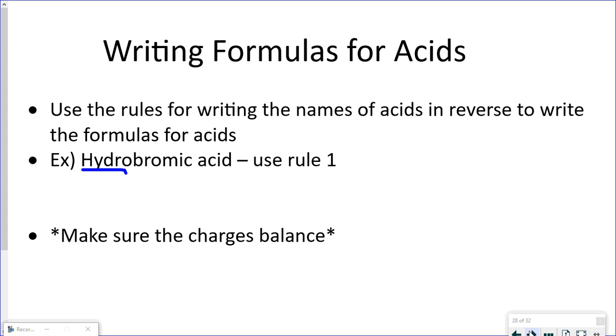So we're looking at bromide as our anion. So bromide is off the periodic table, so that's a Br with a -1 charge. Because it's an acid, it starts with hydrogen, which has a +1 charge, and you have to crisscross your charges, so you'll end up with HBr.